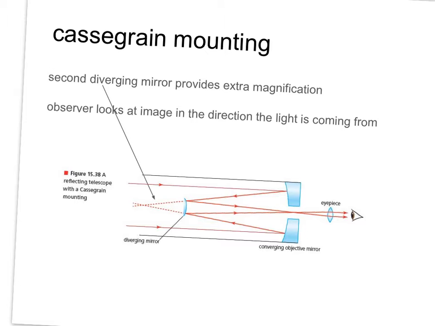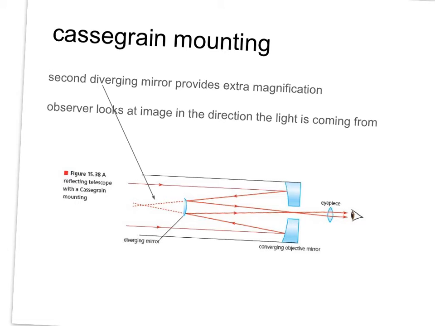So the light comes from very far away, again from infinity, and it's reflected at a large mirror here to another mirror, which then brings it to your eyepiece lens here. So you've got a converging and a diverging mirror. The second diverging mirror provides extra magnification.